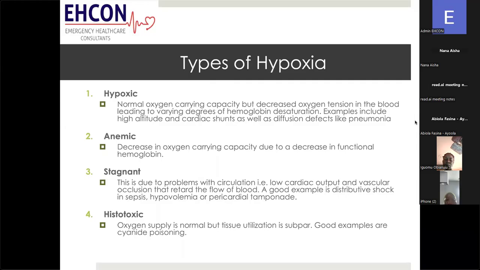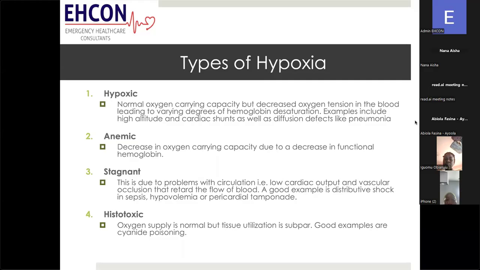The next type that we'll discuss is anemia, which is almost the opposite of what we just discussed. In this case, there actually is a decrease in your oxygen carrying capacity because there is a decrease in your functional hemoglobin. Please take note of the term functional hemoglobin, meaning that this can happen because you have significant anemia from chronic disease, but hemoglobin can also be poisoned, for instance, from carbon monoxide poisoning.